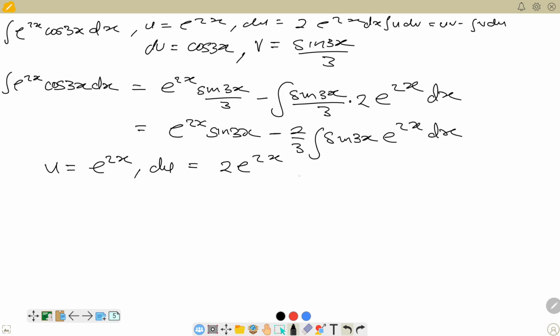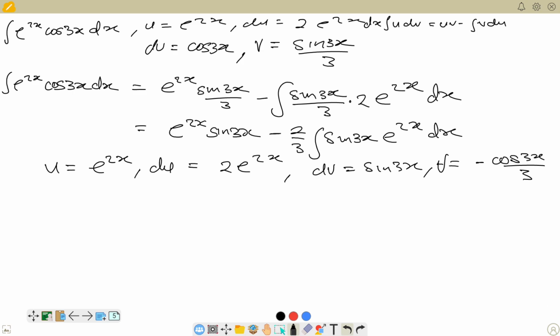So we repeat what we did. Then dv is no longer a cos, it's a sine, so sine 3x. Then v, when we integrate sine 3x, we get negative cos 3x over 3.